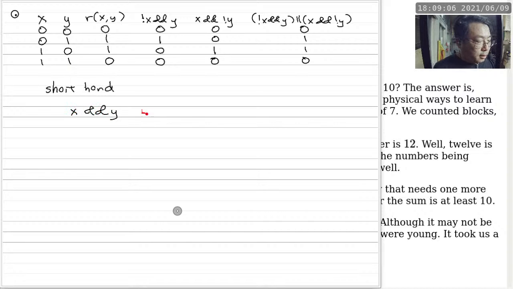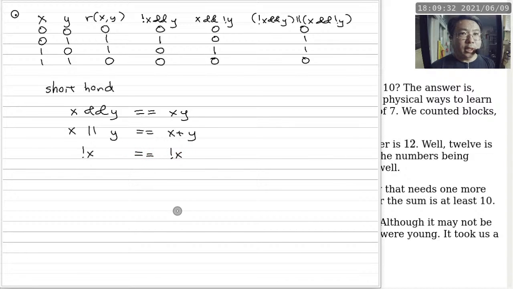It's easy. AND is represented as just x y, kind of like multiplication, but in this context it is logical AND. OR is going to look like x plus y. Negation is the same; I'm going to keep the exclamation point because that's easy to type. And then we have one more.